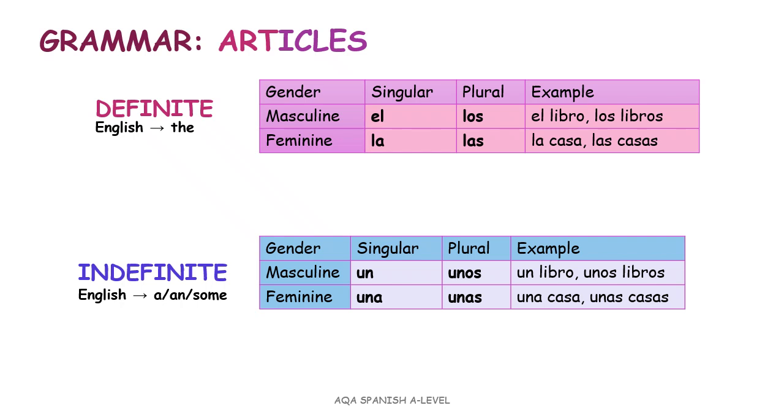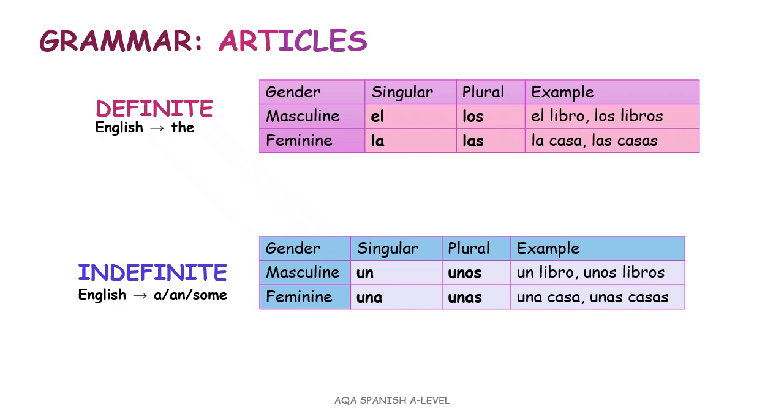A book would be un libro. Some books, unos libros. A house would be una casa. Some houses, unas casas. That's the general idea, but if you'd like to know more details, such as when we omit articles, how the neuter lo works, you will find a grammar link in the description below.